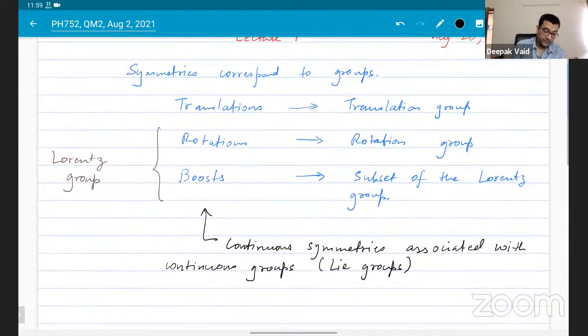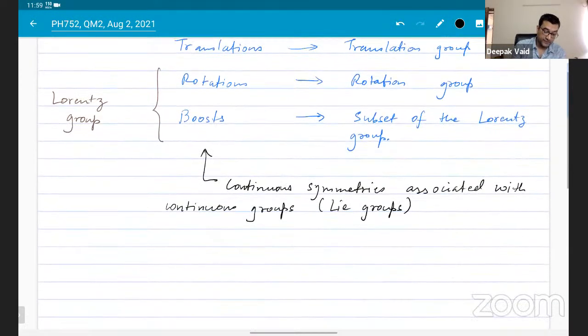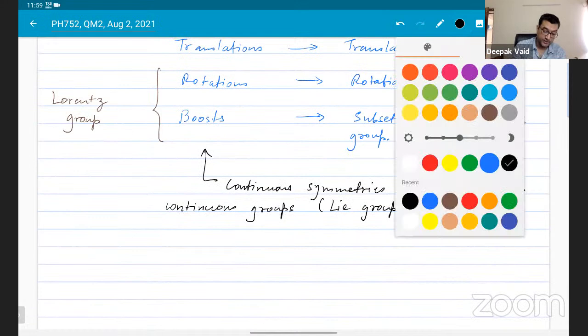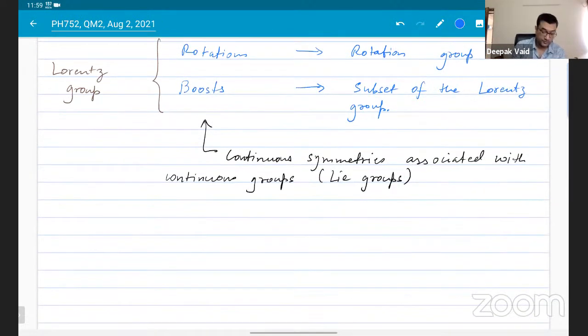And then what we have is discrete symmetries. So discrete symmetries correspond to discrete groups, right?